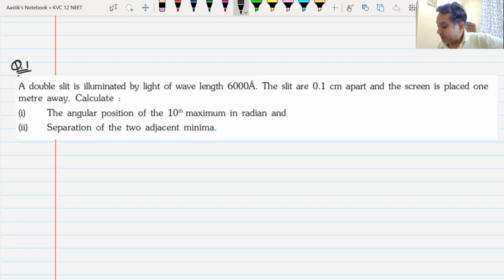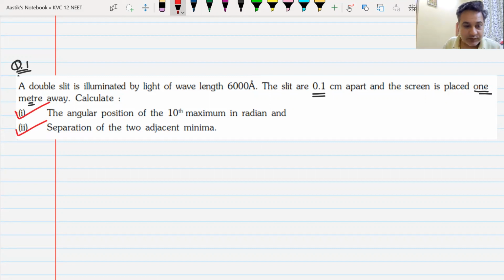A double slit is illuminated by light of wavelength 6000 Angstrom. The slits are 0.1 centimeter apart and the screen is placed 1 meter away. Calculate the angular position of the 10th maxima. That is question number 1. Question number 2 is the separation of two adjacent minima. I give you 2 minutes to solve this.